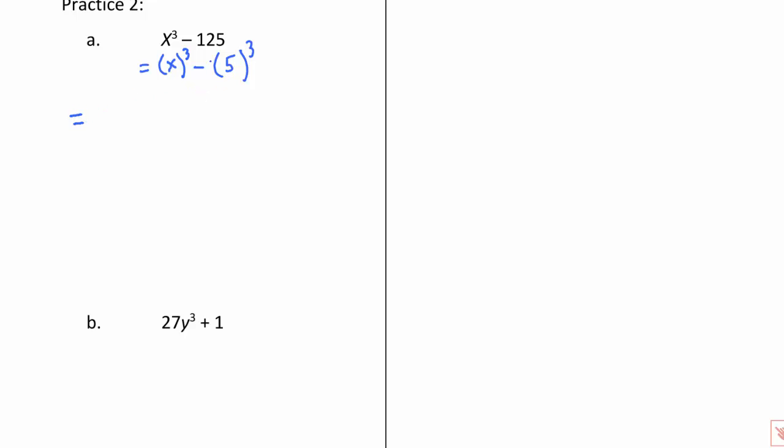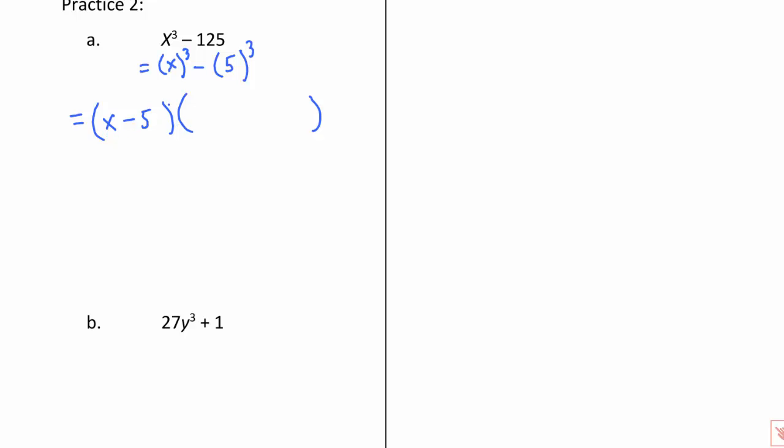And then, because we have cubes here in the minus, it means that this is a difference of two cubes. So I need to write down the factorization. And it's always going to look like this. I'm going to drop the cubes. What do I have left? I have x and minus 5 left, yes? Notice that this is the first factor. And then I'm going to kind of square this, except not.